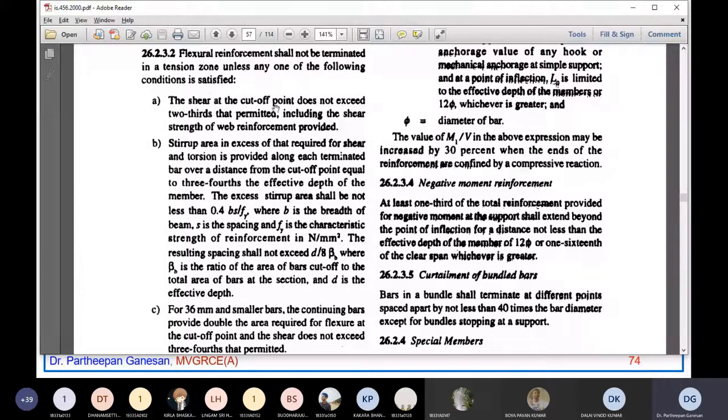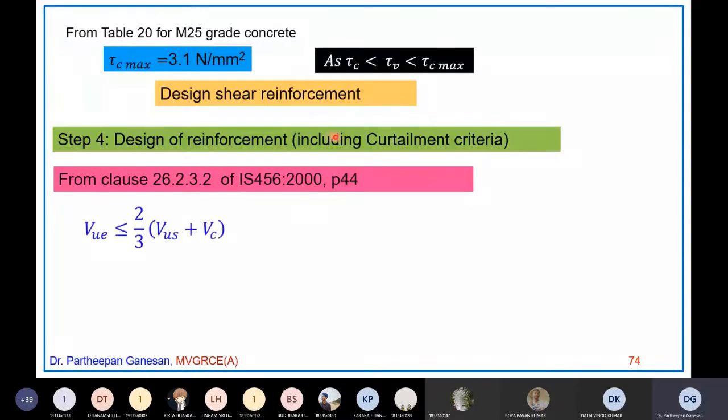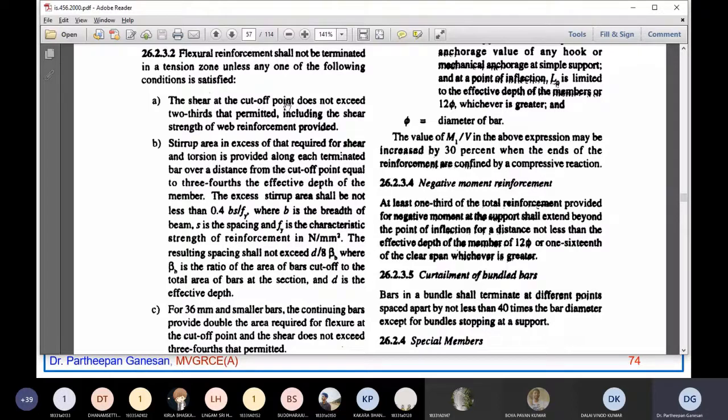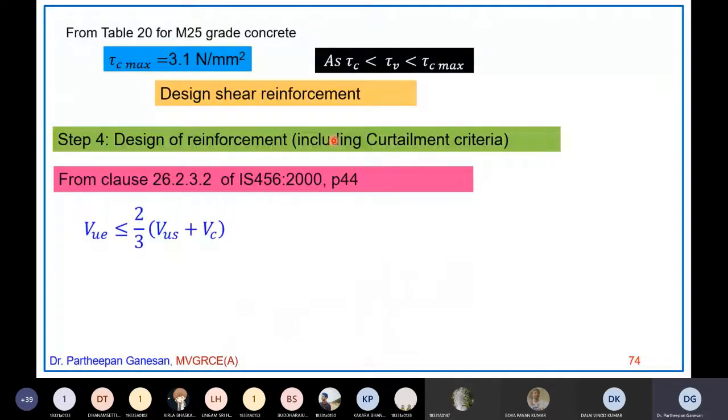The shear at the cutoff point does not exceed 2/3 that is permitted, including the shear strength of web reinforcement provided. So here, what they are saying is the equivalent shear at the cutoff section, VUE, does not exceed 2/3 of that permitted.